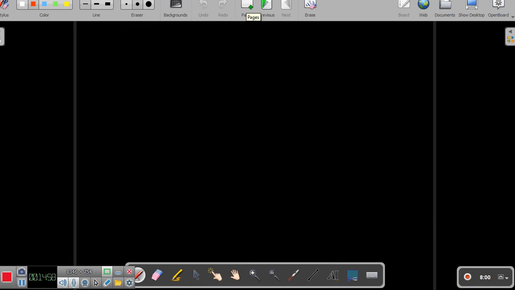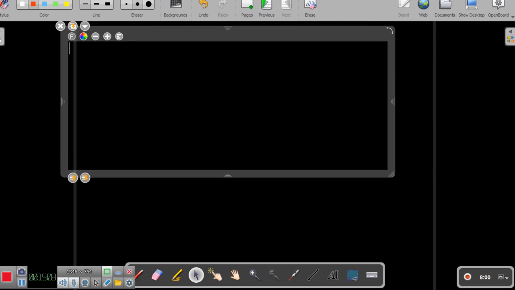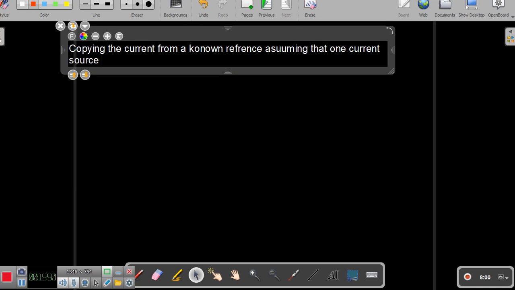So now what we will write here is, I'll just write it here, copying the current from a known reference, assuming that one current source is well defined and is already available.